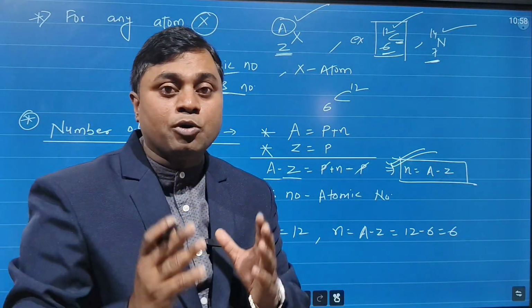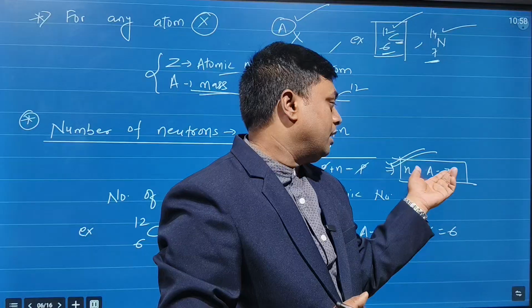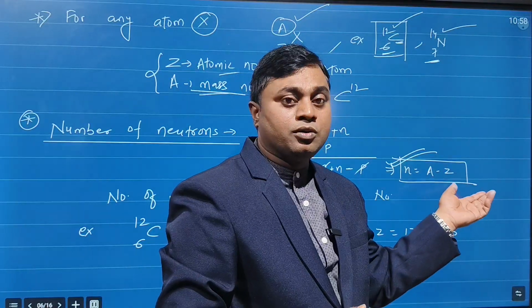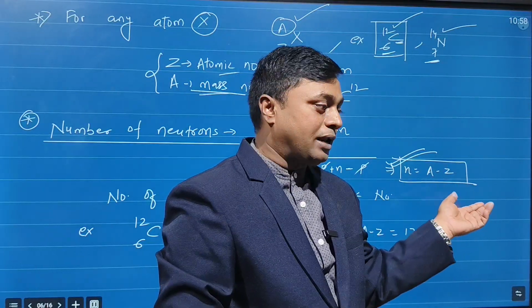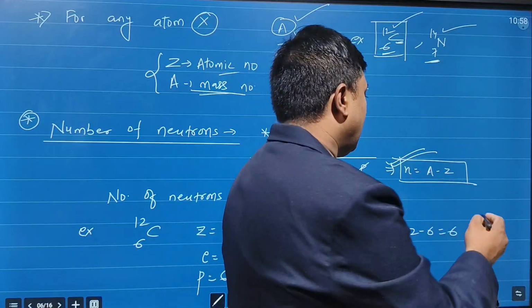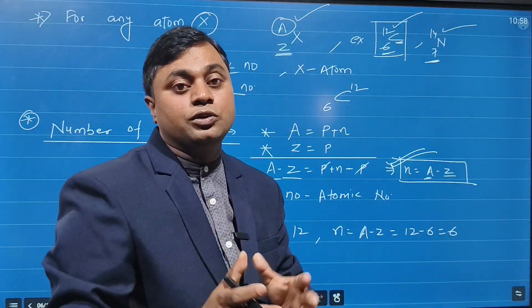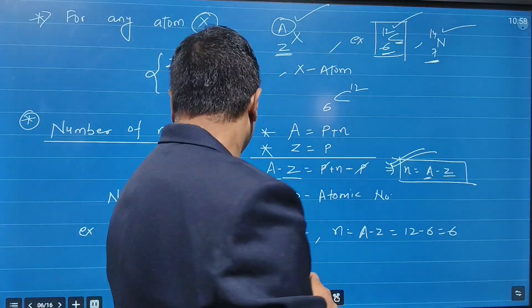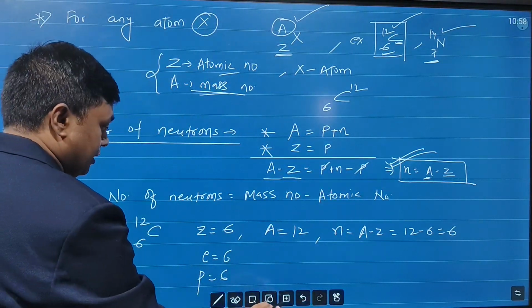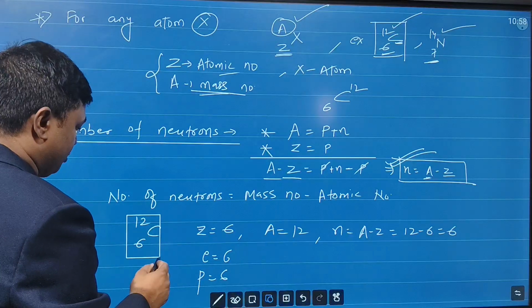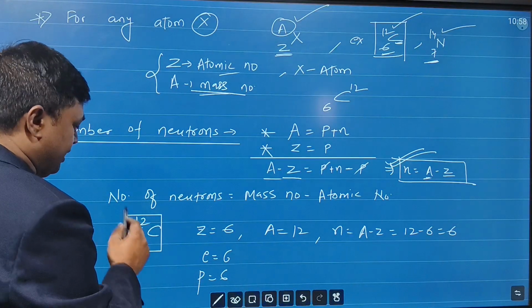It means to find the number of neutrons we have to subtract the atomic number from the mass number, yes or no? So mass number minus atomic number will give you the number of neutrons. For example, carbon: atomic number is 6, mass number is 12.